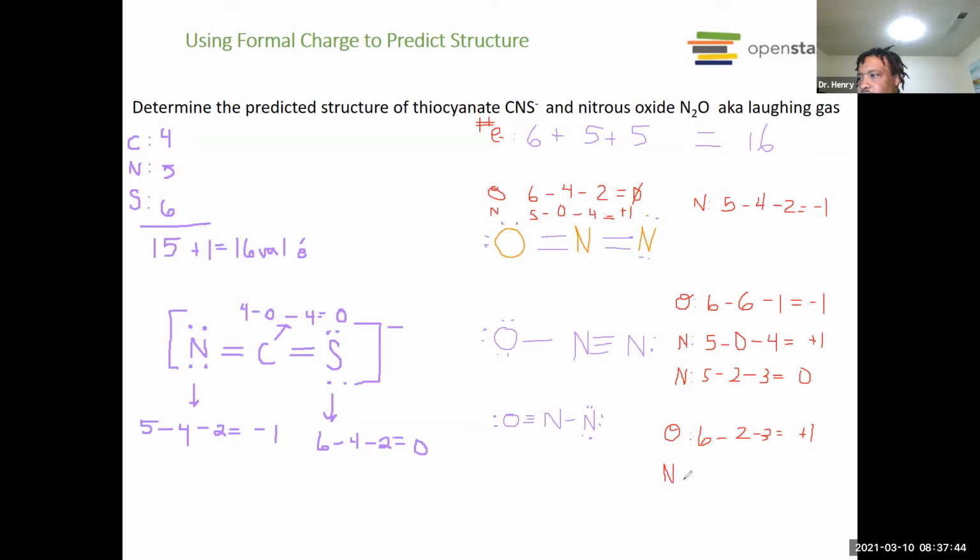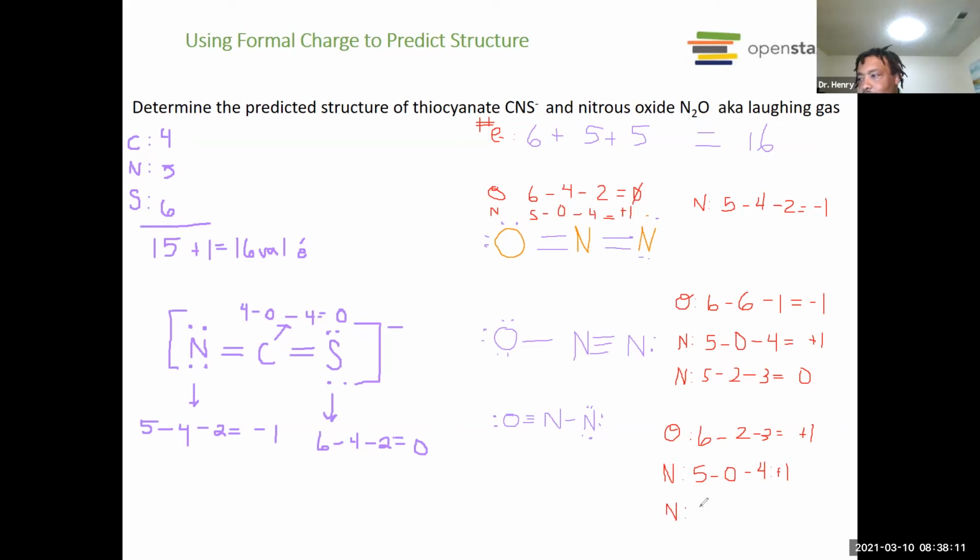The nitrogen, the center atom, would be 5 valence electrons minus 0 lone pair minus 4 bonds, which would equal +1. And then the other nitrogen, -2.